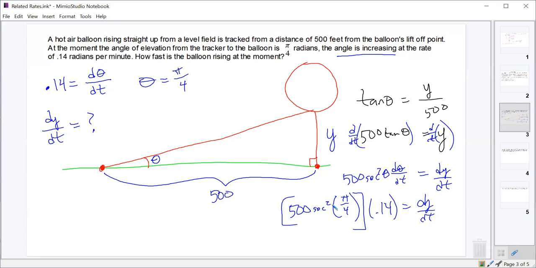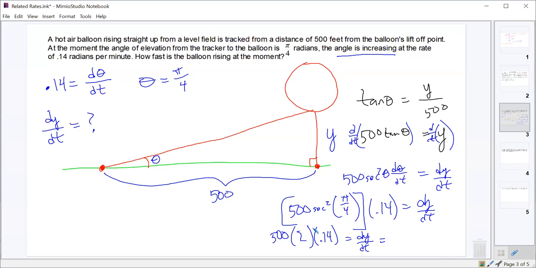What's the secant of pi over 4? The secant of pi over 4 would be 2 over root 2, and then squared would be 4 over 2.